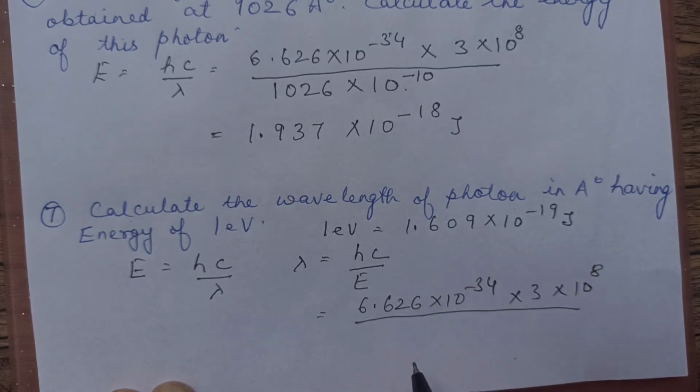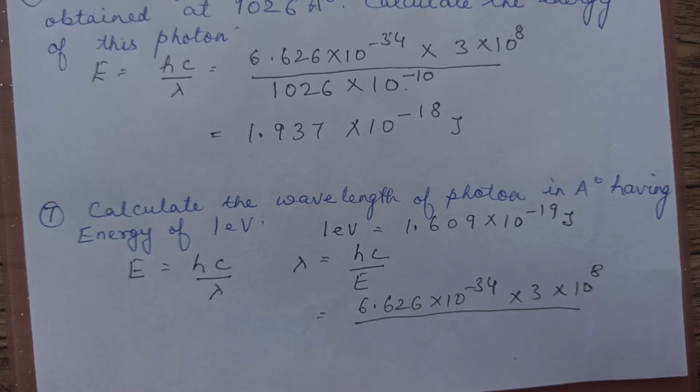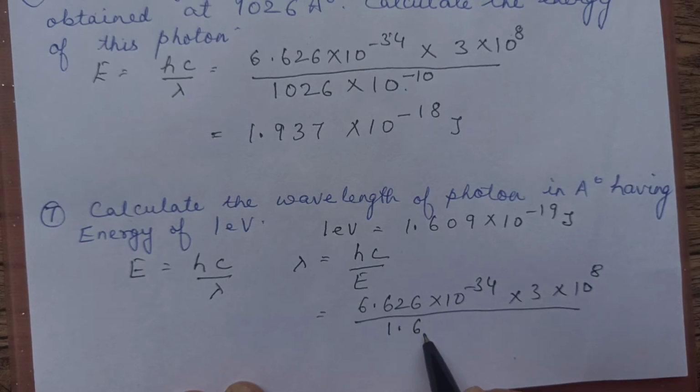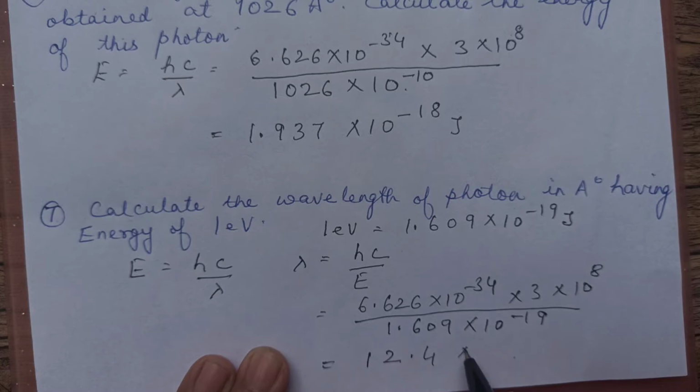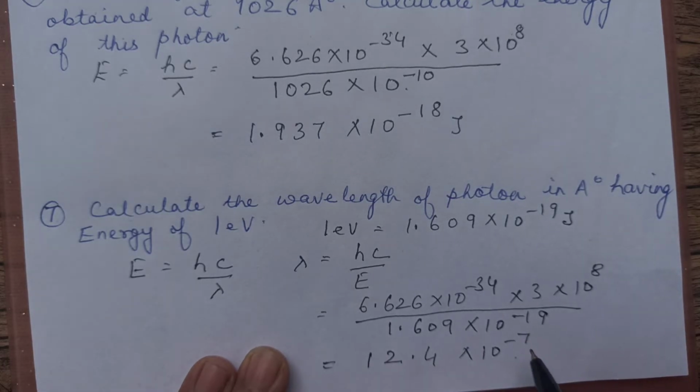And energy, I cannot use in electron volt in the calculation. Ergs I can use depending upon whether we are using CGS. So I will use here 1.609 into 10 to the power minus 19. Clear? Okay. Now, if I solve this, I will get 12.4 into 10 to the power minus 7.